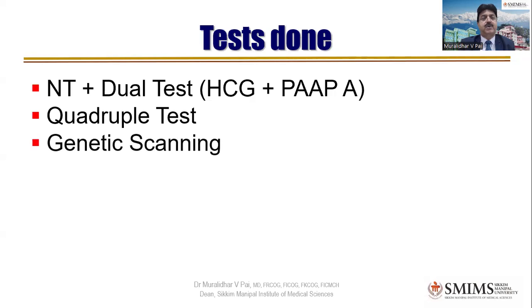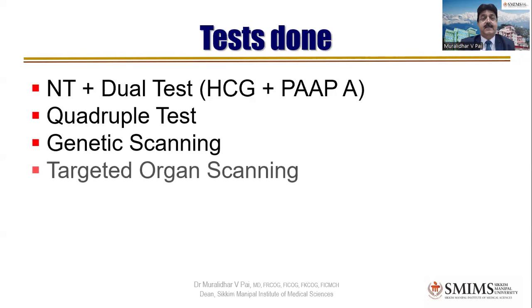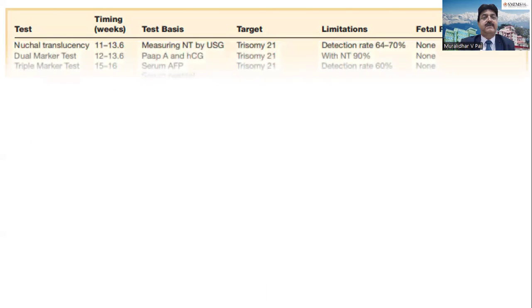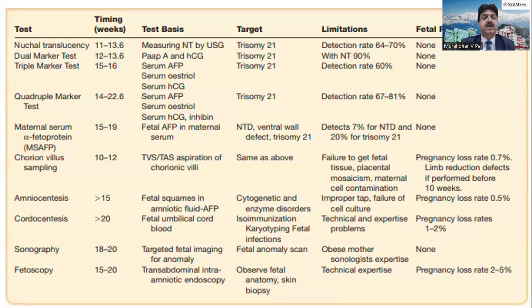Triple test somehow we don't do at all anymore. Genetic scanning, that is NT. Targeted organ scanning can also be done. So this one gives us different ideas of how the different markers will affect the different risk factors. So you can do all these tests. This is a single screen which will give you everything. Take a screenshot of this.